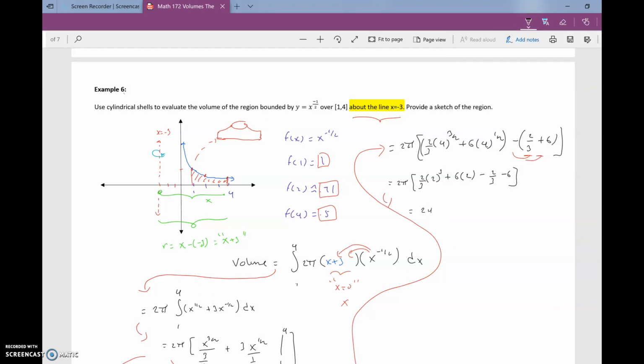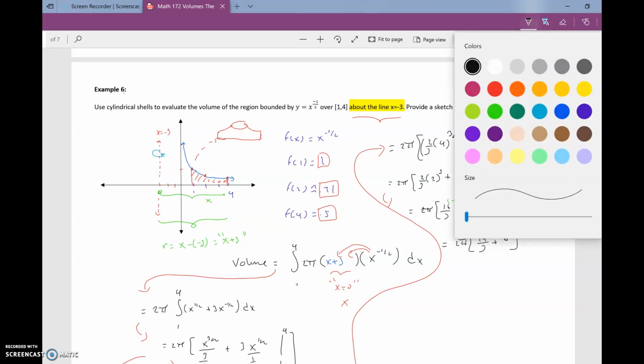I'm just distributing out the negative, since technically we can combine them with the terms on the outside. So we're looking at 2 pi times, this is just going to give us 8 times 2, 16/3 plus 12 minus 2/3 minus 6. So this will be 2 pi times, I'm getting 14/3 if we combine these two and those two, plus the values of 6.